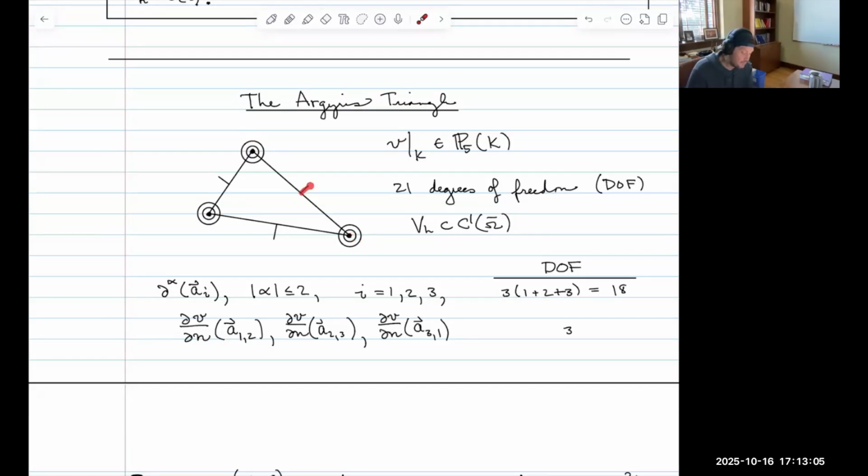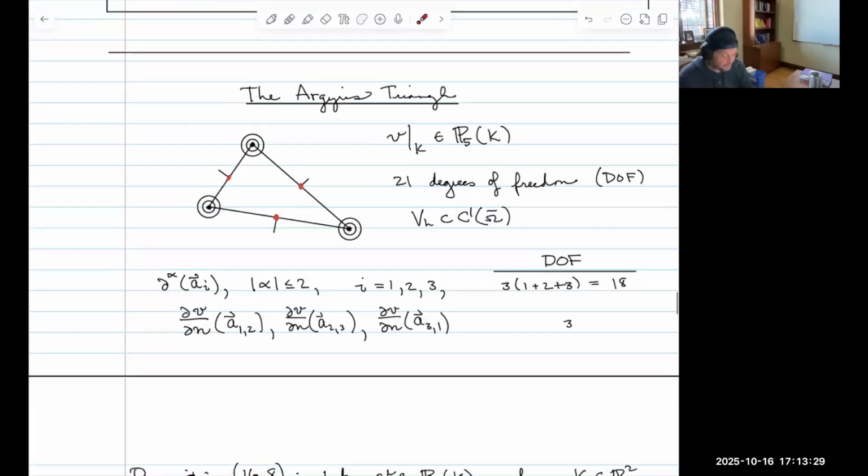And we have to make the normal derivatives, this is what this indicates, the normal derivatives of these functions agree at all of the edge midpoint nodes. That's the only way that we can get a function space which is globally C1.